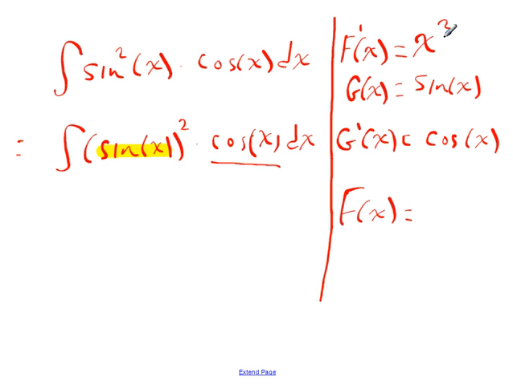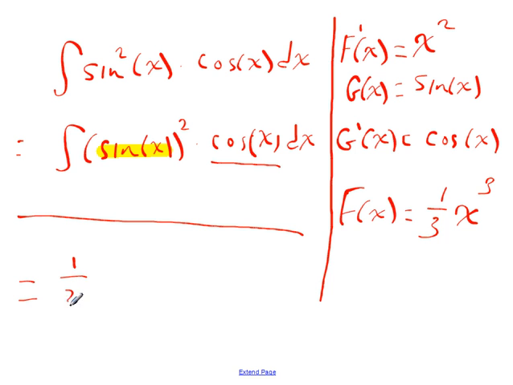Well, f of x, taking the antiderivative of that, is going to be x cubed, and then we need to put a 1/3 out in front. So this antiderivative, this indefinite integral, is f of g of x. So it's 1/3 of g of x cubed.